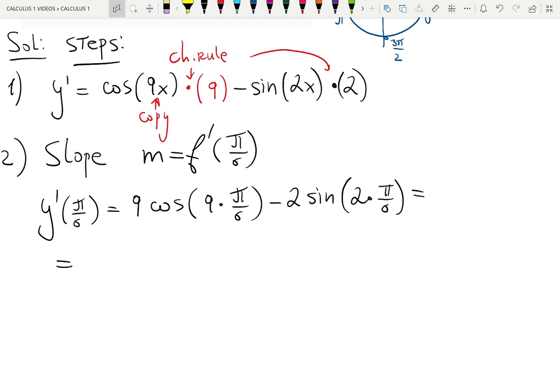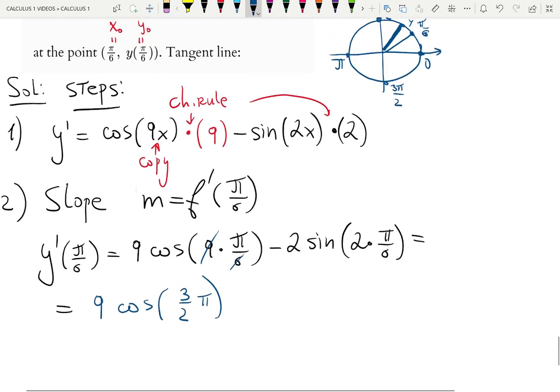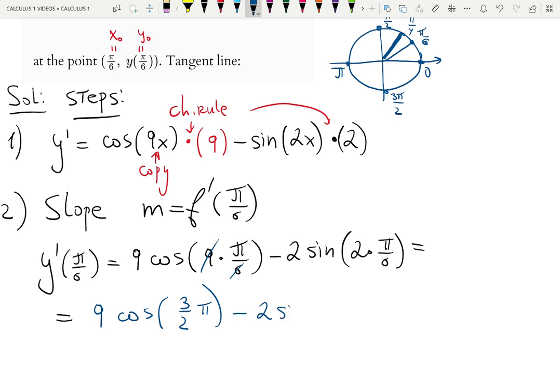Now, 9 cosine of the angle, let's simplify 9 and 6. It gives me 3/2 pi. So that's why I put it on the unit circle. We will need that. Minus 2 sine, and we're looking at sine at pi over 3.